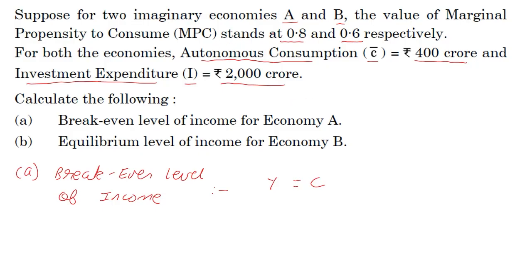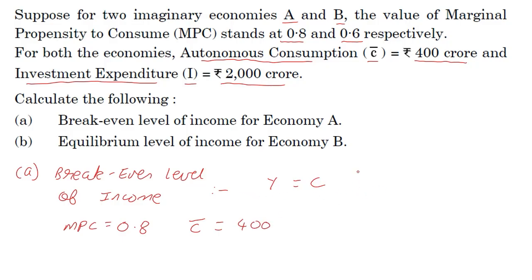We've been told that the marginal propensity to consume is 0.8 as far as A is concerned. Apart from that, we have got autonomous consumption, or C bar, at 400.